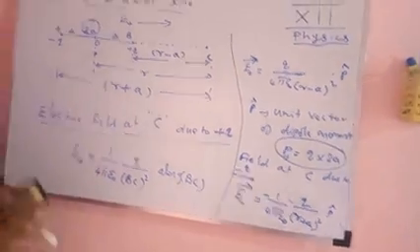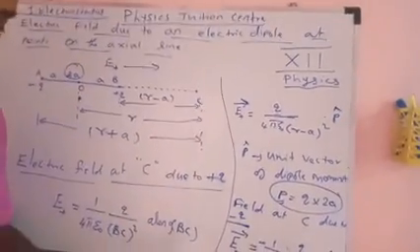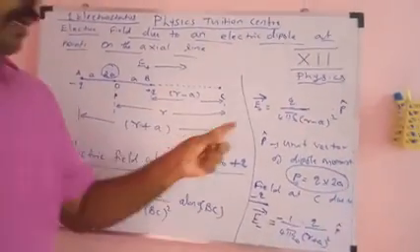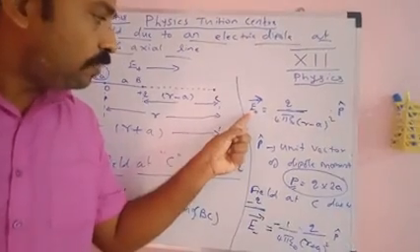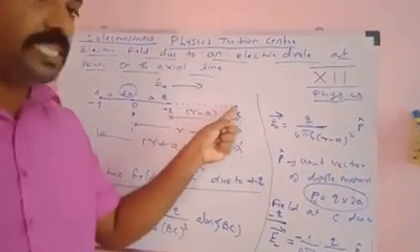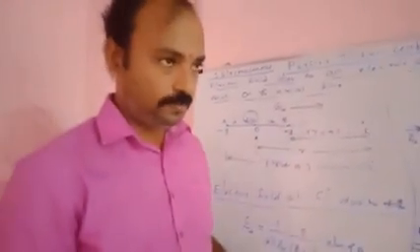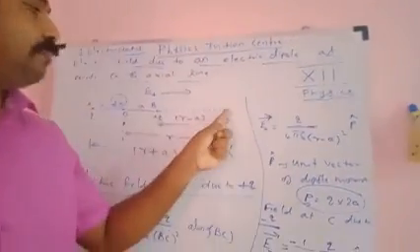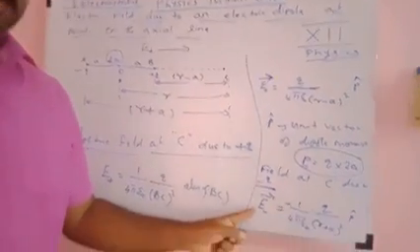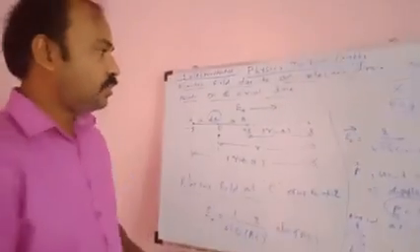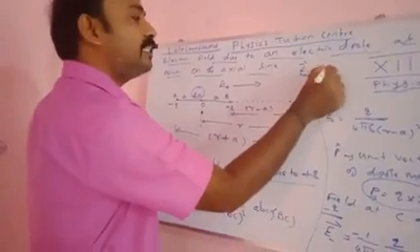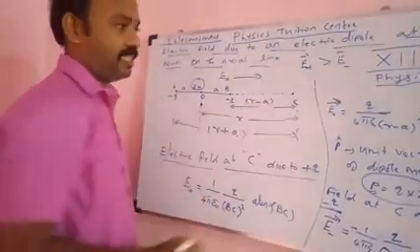Now from this we come to the conclusion whether the field at point C due to the positive charge or the negative charge is greater in magnitude. When comparing the magnitudes of E plus at point C and E minus at point C, the electric field E plus is greater than E minus.